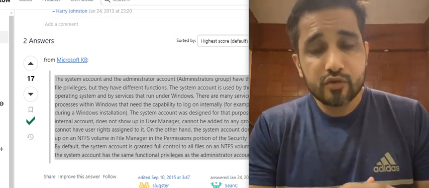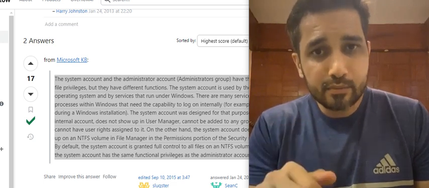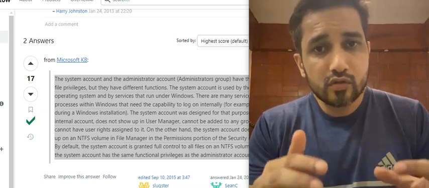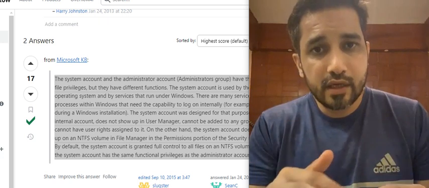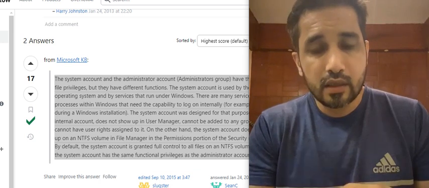But if a program tries to access these locations with system privileges, then as a security mechanism, the Windows operating system shuts down, hence the blue screen of death, or BSOD.